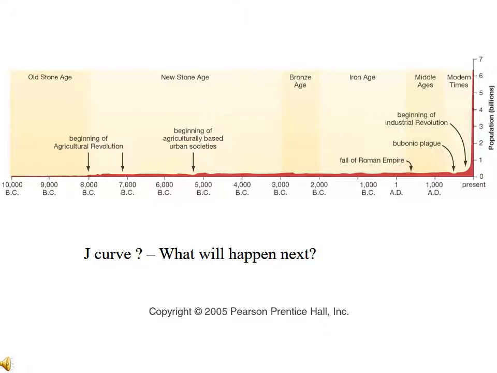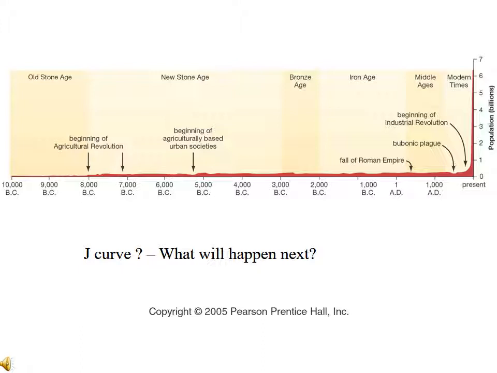So let's look at the human population with respect to, not the survivorship curve, but the growth curve. If we look at the human population going back 10,000 years, we see that there were very, very few humans. And as we trace the population, we can see the major events in the evolution and growth of humans.